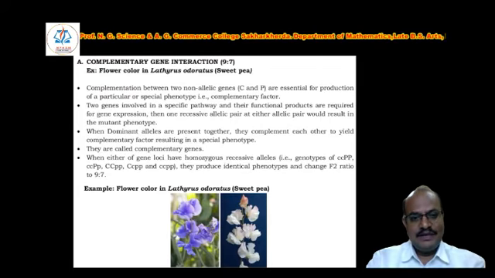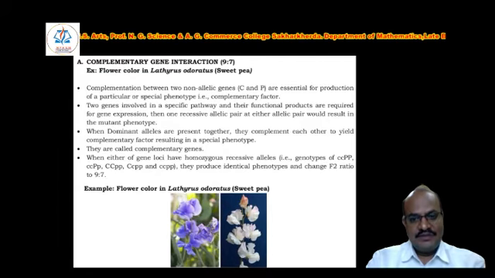They complement each other to yield a complementary factor, resulting in a special phenotype. That means only when both factors are dominant will the special phenotype appear. They are called complementary genes. Expression of the specific factor requires the presence of both non-allelic genes.